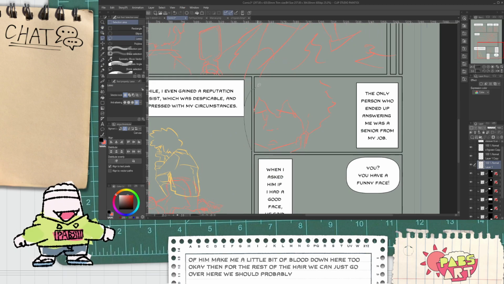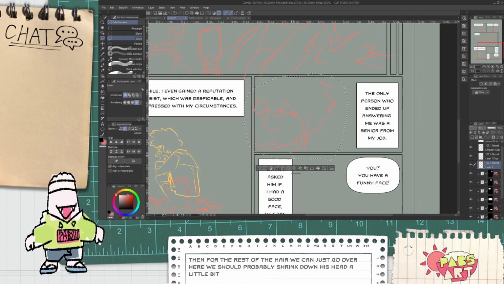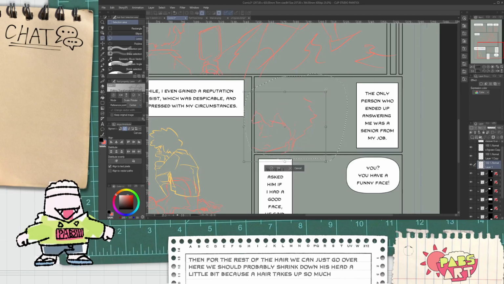We should probably shrink down his head a little bit, because the hair takes up so much of the panel space.